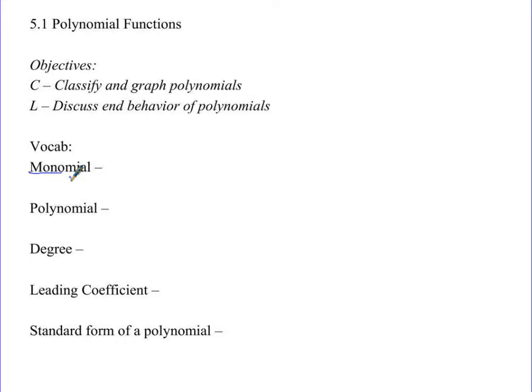Very good. So a monomial is one number or variable or a combination of a number and a variable as a single term. So it's an equation that has only one term.